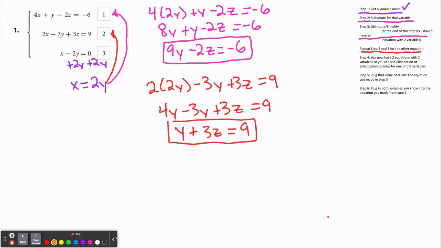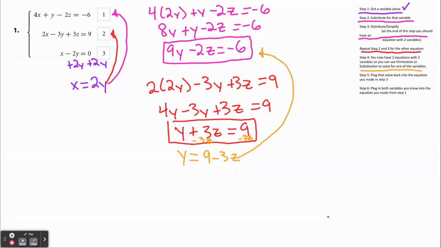I'll do this one here in orange because now I can use substitution or elimination or whatever is the most helpful. What I'm actually going to do is use substitution. So I'm going to subtract 3z from both sides here, which gives me y equals 9 minus 3z. Now that I have this, I'm going to plug it into this equation here. So wherever I see y, I'm going to put 9 minus 3z, and then bring down the rest of the equation as well.